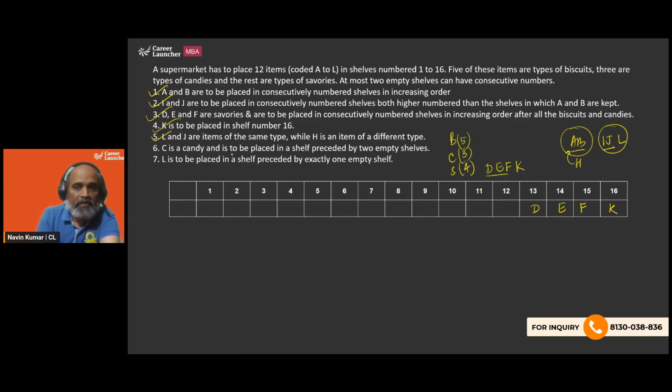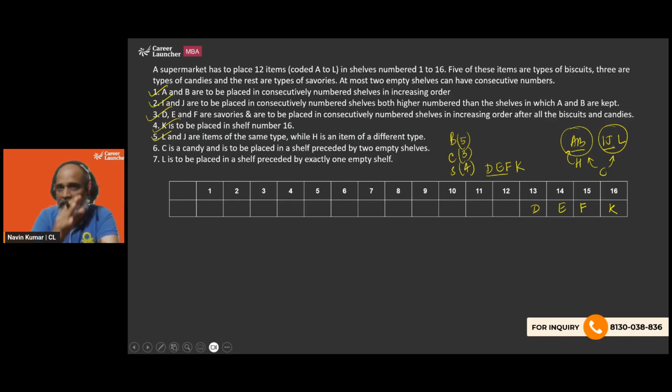C is a candy. Now, since A, B, H, they are supposed to come together, and H is already there. I, J, L, these are the three candies. So the thing is, if I take C as a candy, if I go to I, J, L or A, B, H, there will be four candies, but we have only three candies.